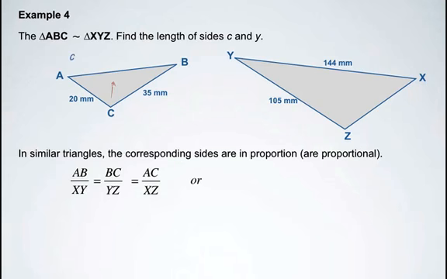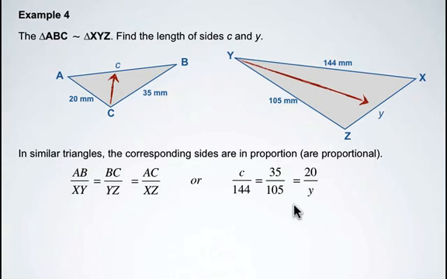But in this case, we're going to identify some of those side lengths with unknown values or with values that are given in the illustration. You can see in the next part of the video that we've identified side C, side Y, and subbed those into their appropriate places.